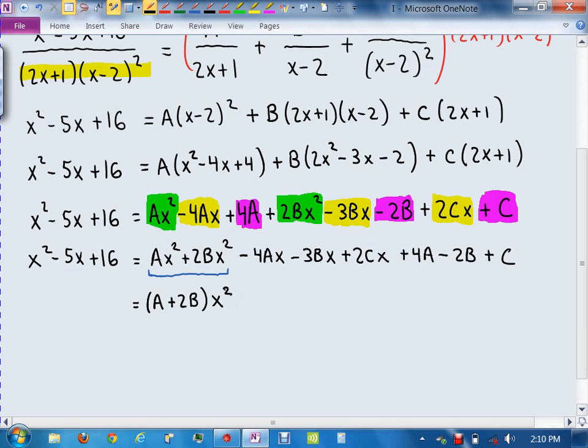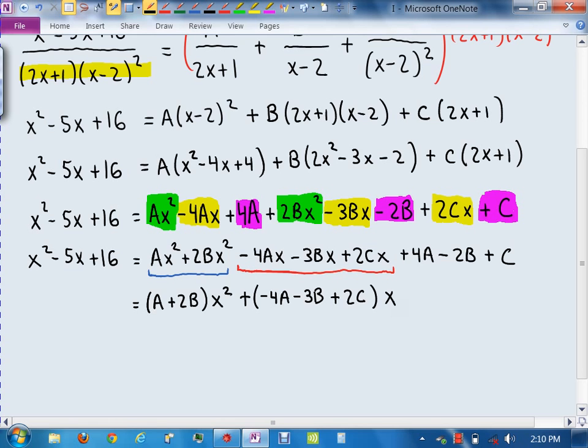Do the same thing with the x's. Factor out an x. So I'm going to look at all the x terms, factor an x out, and push it to the right side. Now, watch me. Plus, in parentheses, negative 4a minus 3b plus 2c, close parentheses, x. Notice how I put a plus sign here? And then in the parentheses is where I took the negative.